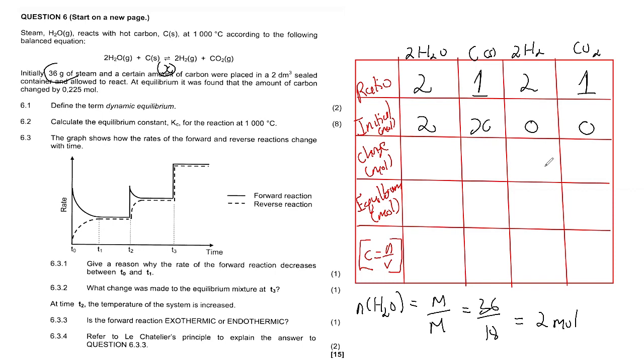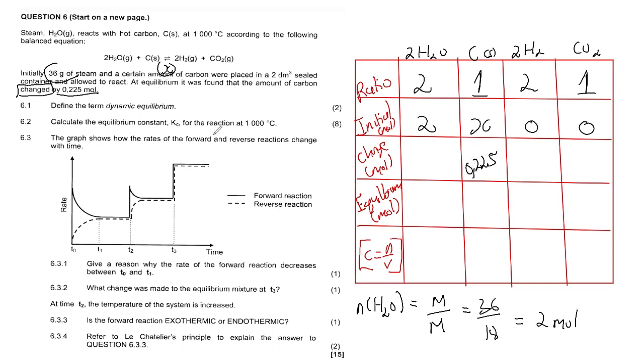So that is 0 and 0. But when we read further, they say at equilibrium it was found that the amount of carbon changed by 0.225 mole. Note that it changed. So for the change on the carbon, we're going to put 0.225.